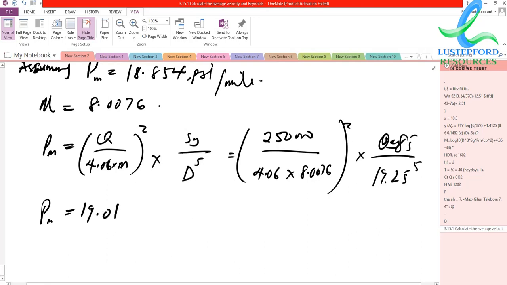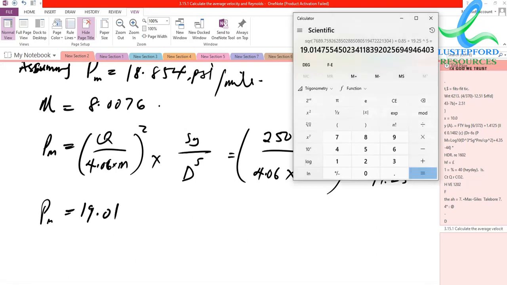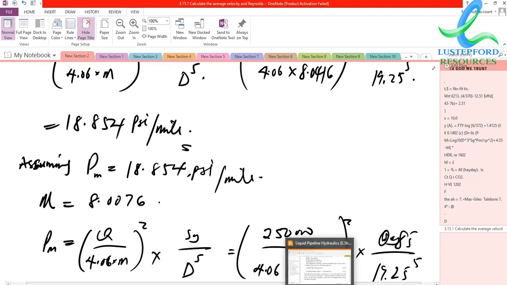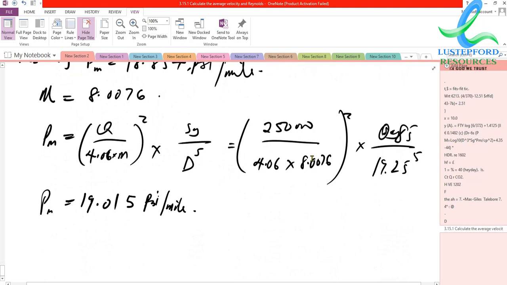18.01, 015, x miles. So if you subtract this from this, let's see the difference.